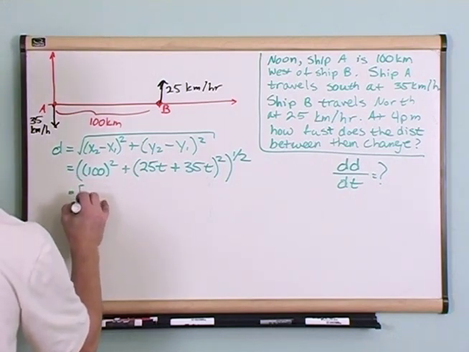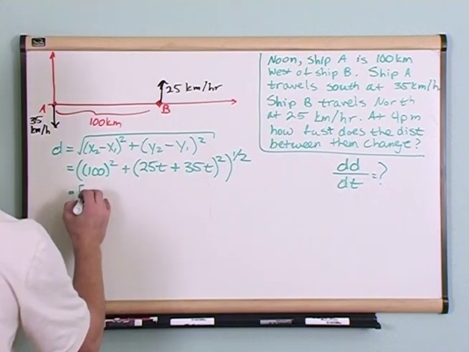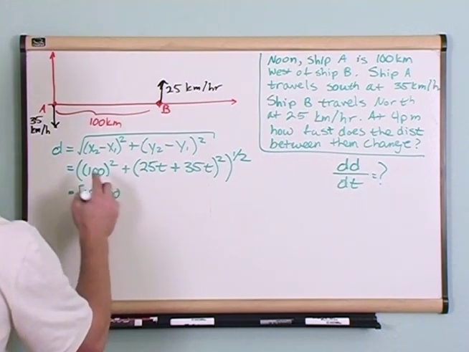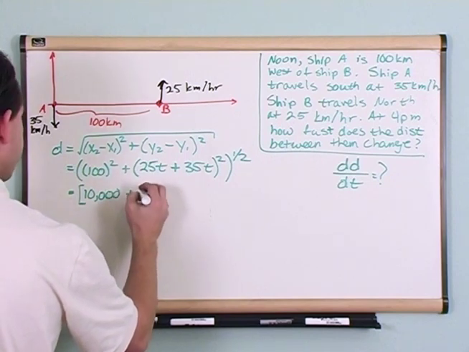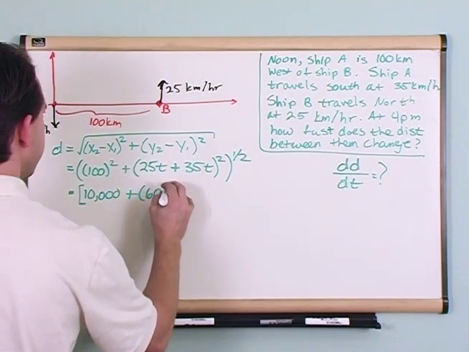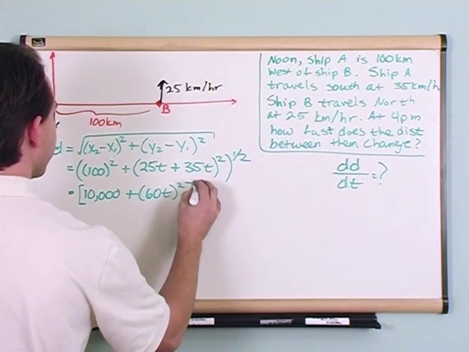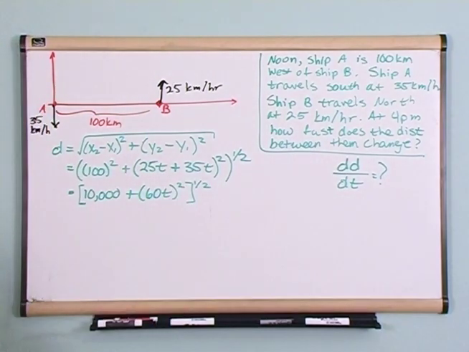So to simplify this further, I've got 10,000 here, because 100 times 100 is 10,000, plus (60t) squared, and the whole thing is raised to the 1/2 power.